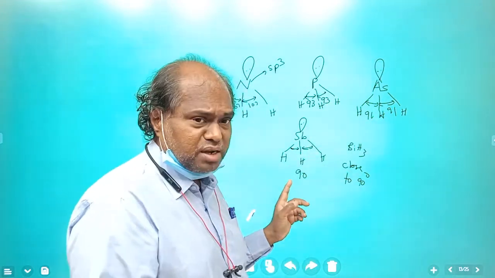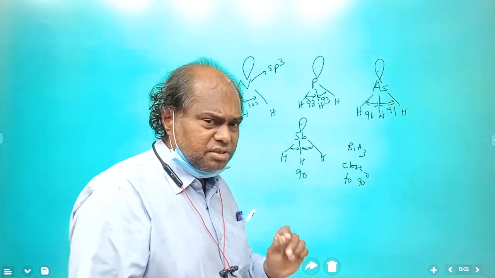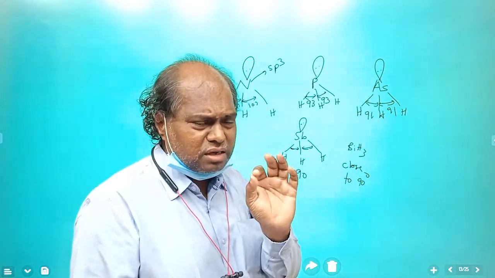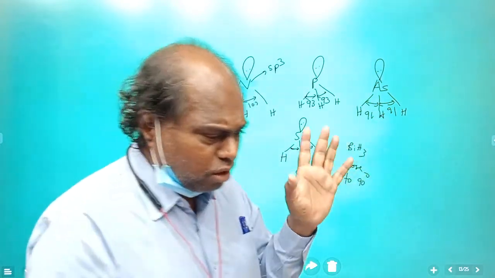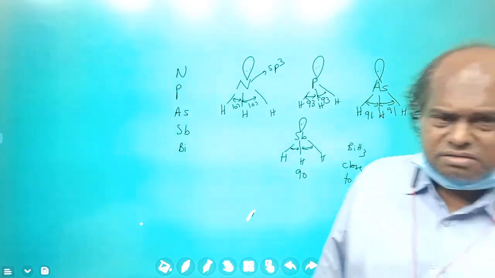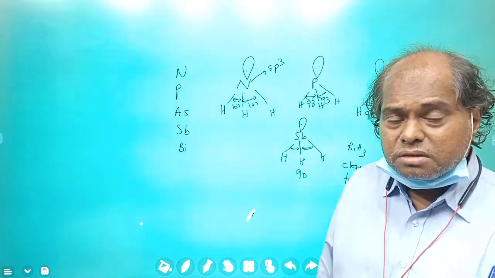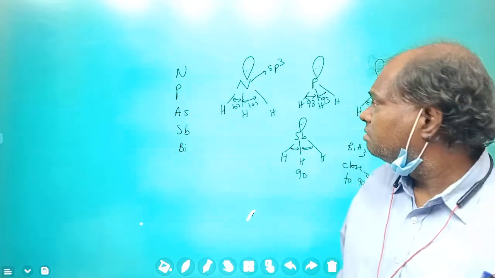You can't have sp3 hybridization there. sp3 hybridization means you should have close to 109. Close to 109 means 104 okay, 107 okay, but not less than 100.